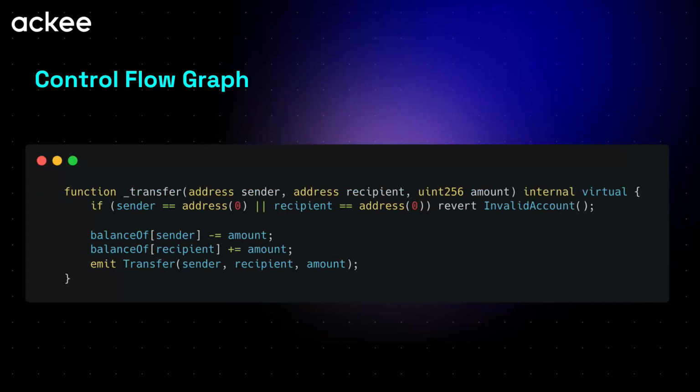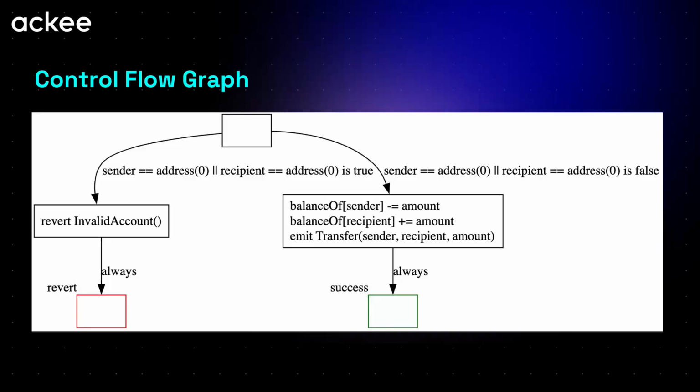Here we have a simple transfer function where we are changing the balances of sender and recipient. And the control flow graph can transform this code into this graph. This is a pretty simple example, but for more complicated algorithms and functions, it's pretty useful to see all the executing paths of the code.